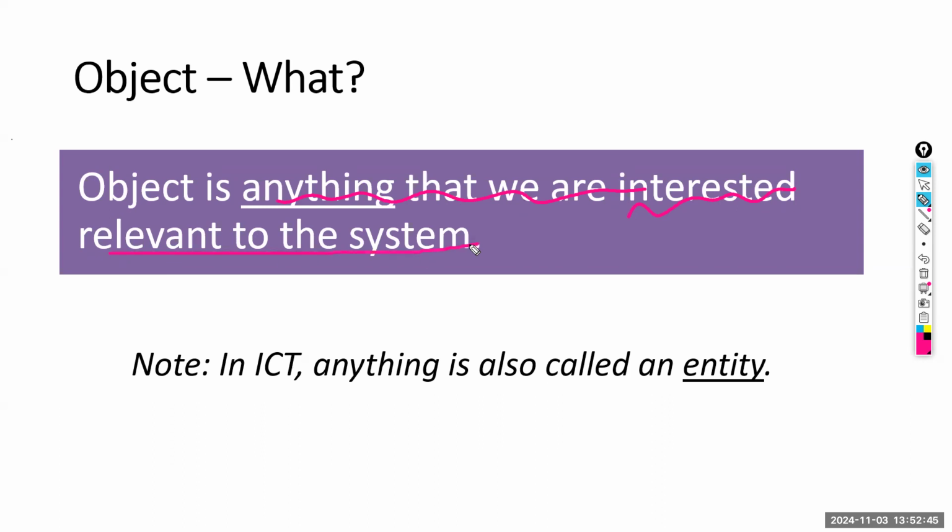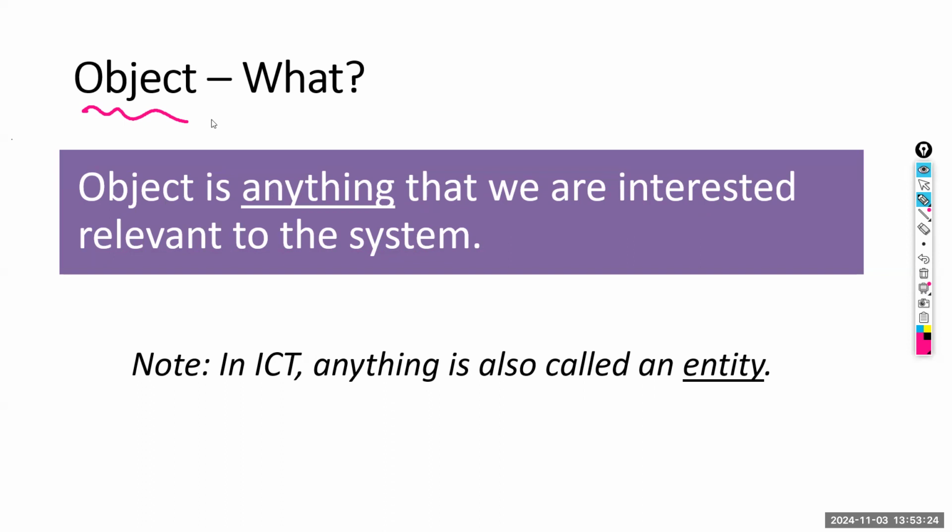But when we say entity, we are only interested in data. When we say object, we are interested not only in the data related to that entity, but also its behaviors. That is the difference between databases and object-oriented programming. Same concept, we look at it in a slightly different way. When we look at it as objects, we pay attention not only to the data, but also to the behaviors or methods.